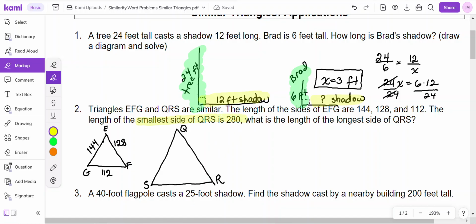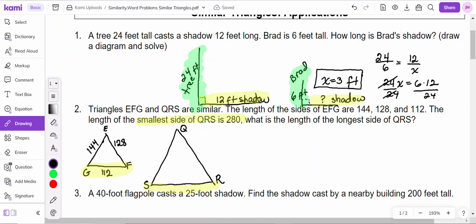And the smallest side will be which one? SR? Because this is the smallest one right here, 112. So it's going to match up with this one. So this one is 280.